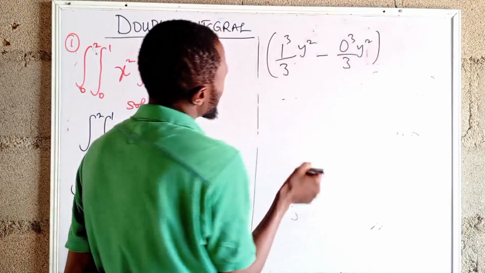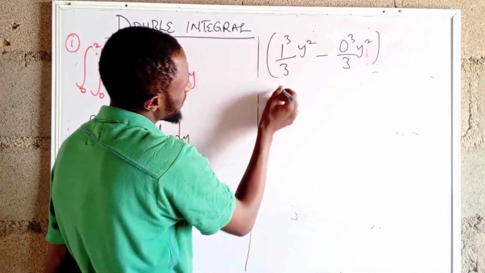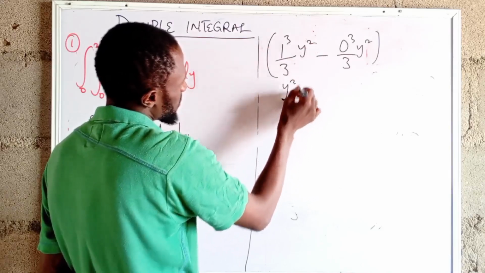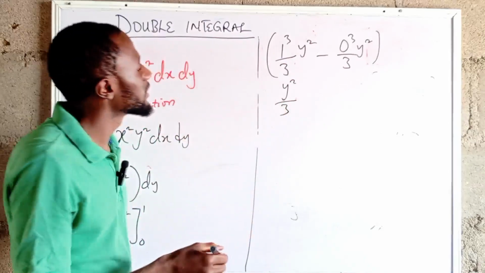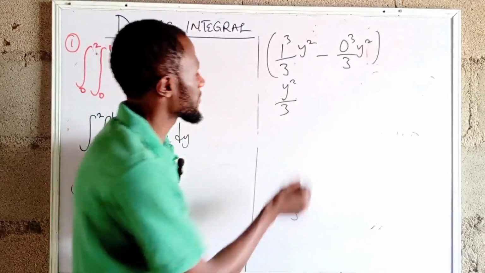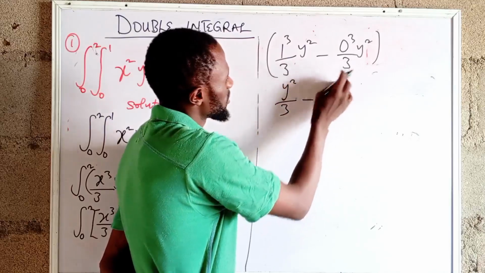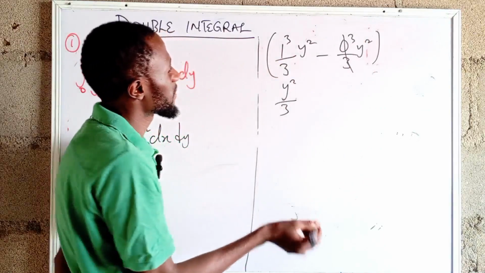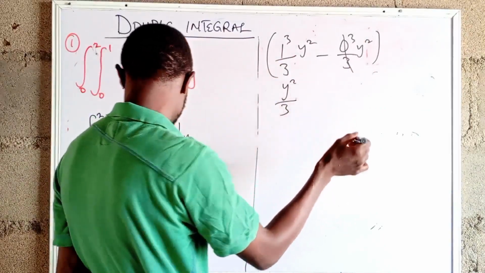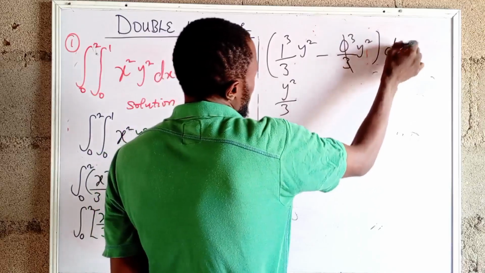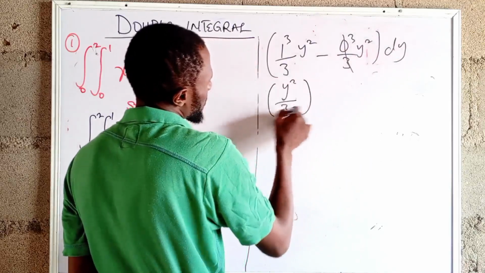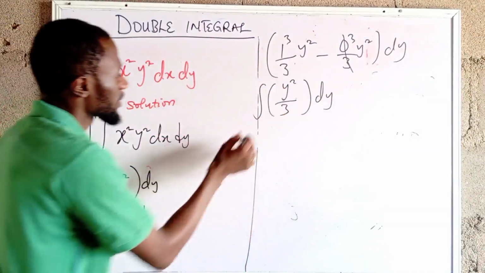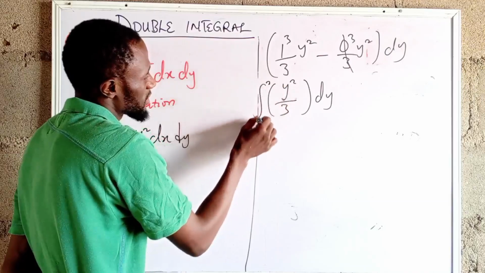That is the inner one. Then we have 1 all over 3 as 1, multiplied by y square, we have y square. Then in the next step here we have minus 0. The total of this one will become 0. Here is dy, also here is dy. Then we are going to take the next integral with the limits from 0 to 2.